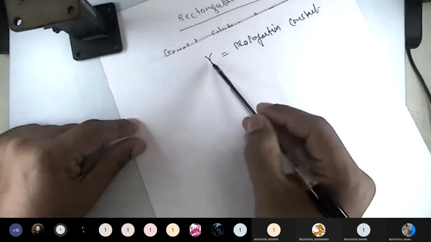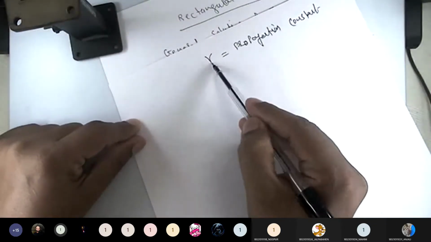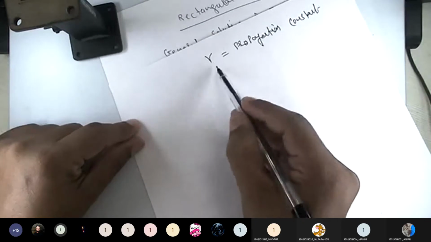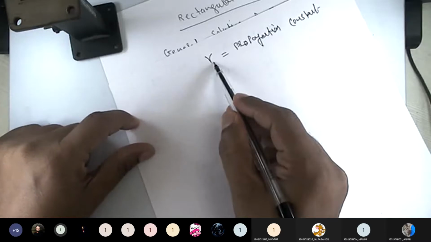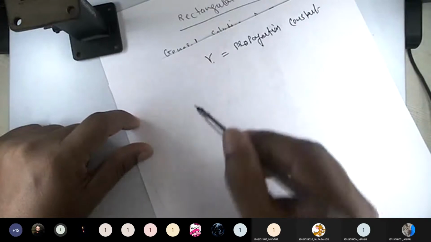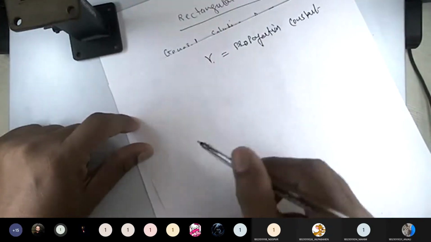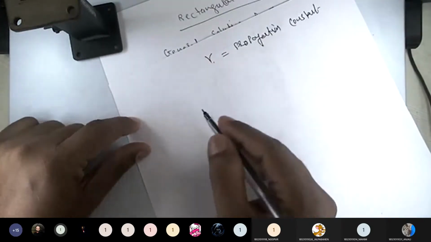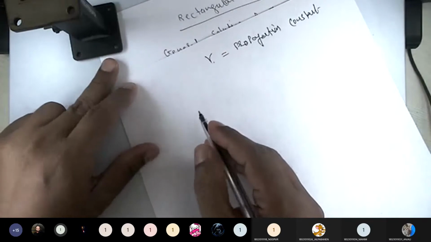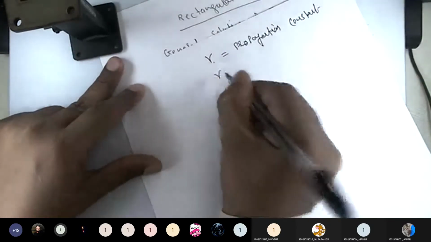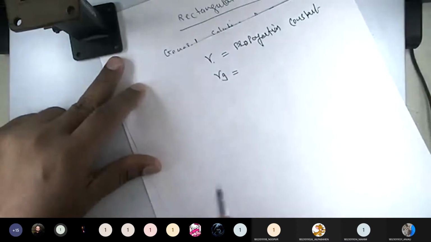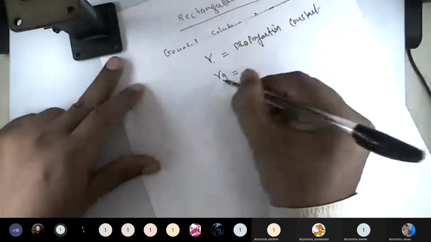And now we have seen that the operating wavelength is not the lambda, but because of the resolved components, we express gamma in terms of lambda p and lambda n, and hence we have to introduce a new term that is called the propagation constant in the guide, and that is nothing but gamma g.